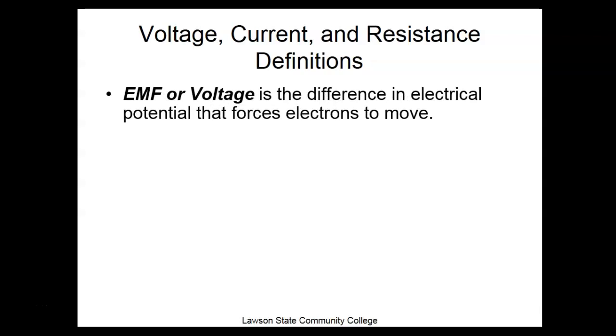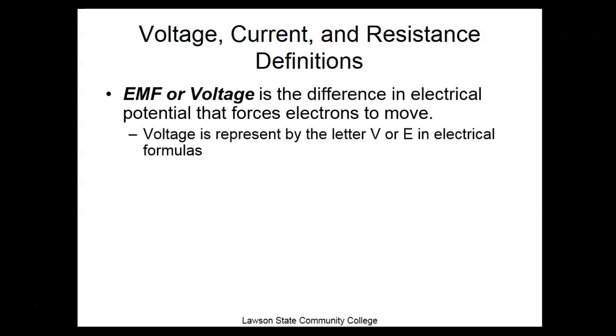So electromotive force or voltage. These two terms are interchangeable. They mean exactly the same thing. It is a difference of electrical potential that forces electrons to move. So voltage is the force, electrons are moving, and that's the speed.